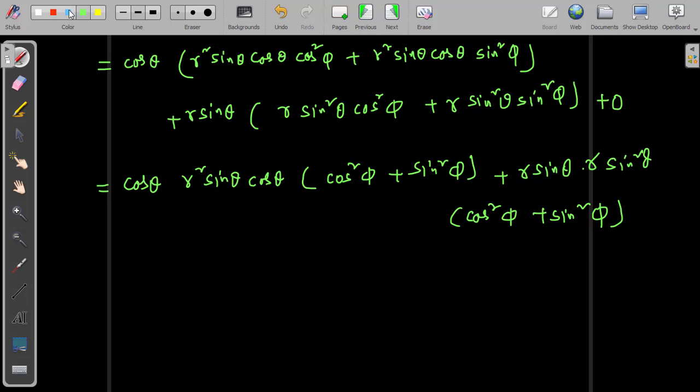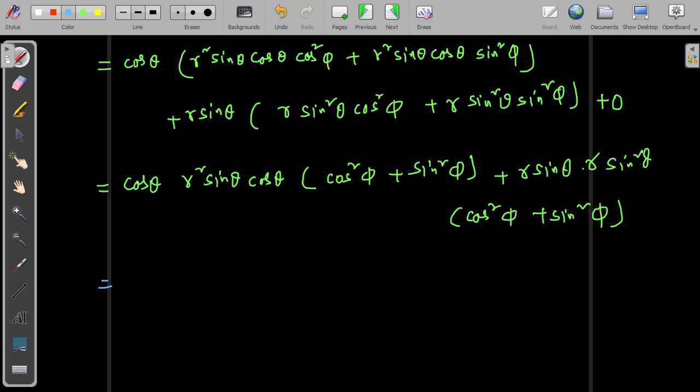Now, as you know, it's a basic trigonometric identity. Cosine square of phi plus sine square of phi, same angle, the result is 1. Similarly, cosine square of phi plus sine square of phi, it's a basic trigonometric identity. The result is 1.